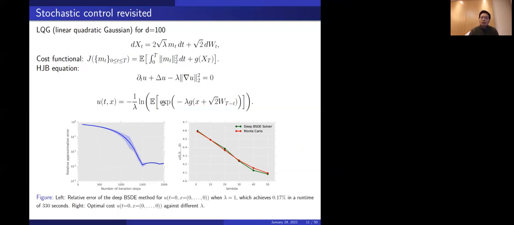But using deep learning based algorithms to solve high dimensional PDEs, I think this is pretty much the first work. Since then, there's been a lot of work. Perhaps the closest related is what is called the deep Galerkin method, DGM, and then there is PINN, physics informed neural network.